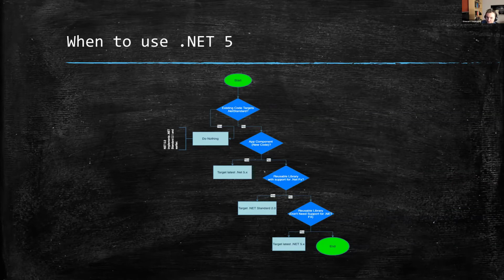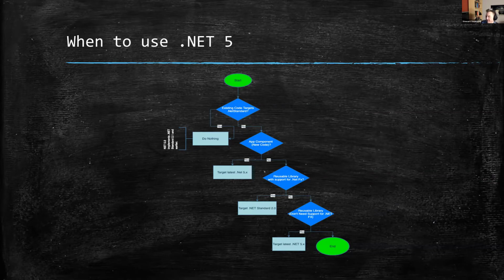But when you're building a reusable library, you have to decide what the reach of this library is. How many runtimes are we going to have to be able to run this library on? The more you have to reach, the greater the compatibility requirements you have.